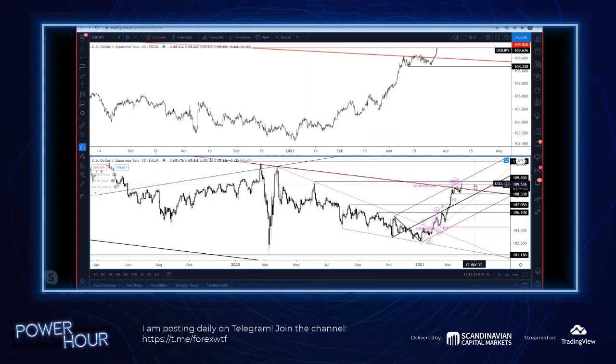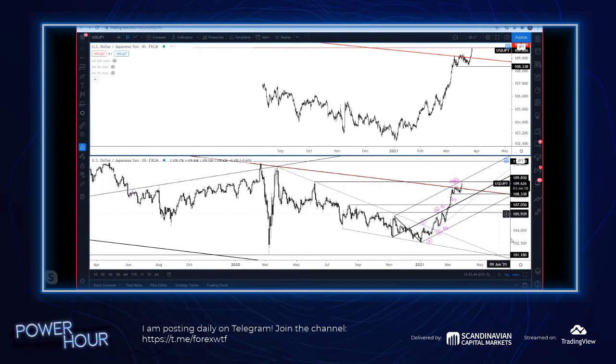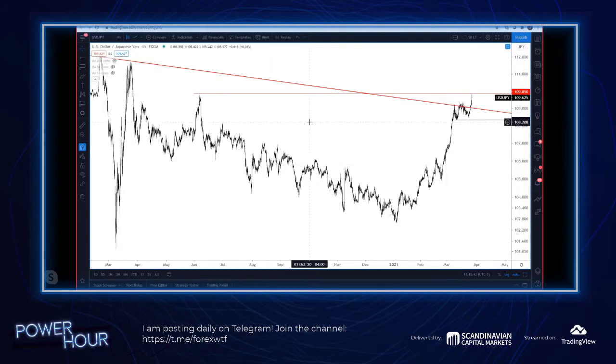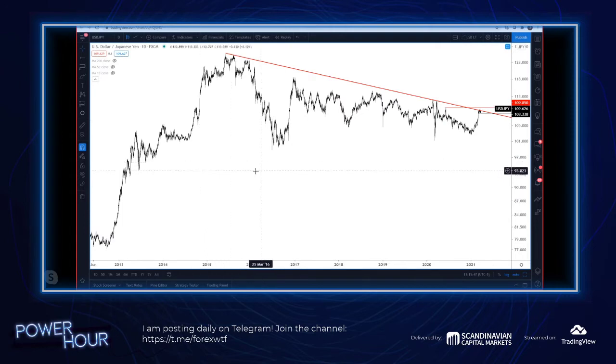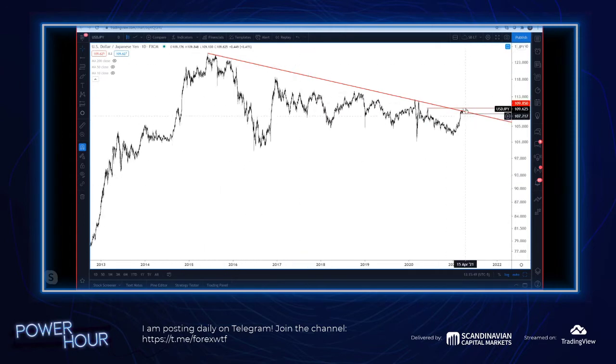All right. Dollar yen has hit some spots here. I've been looking for dollar yen to trade a little bit lower. But we're now breaking above this trend line. Let's see if we go off of this high instead.